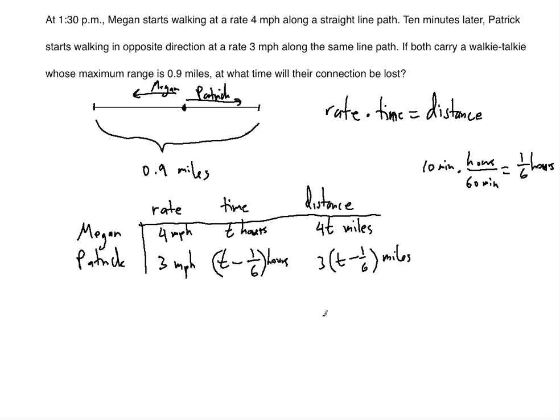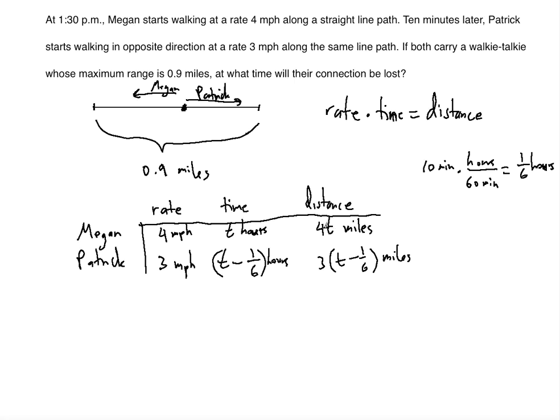So now what do we have to do? Based on my initial picture here, where I showed you that this is the starting point, Megan covers her part of the 0.9 miles. Her distance is a part of the maximum range of the walkie-talkie. And Patrick's distance is the remaining part of the 0.9 miles, which is the maximum range of the walkie-talkie, right?